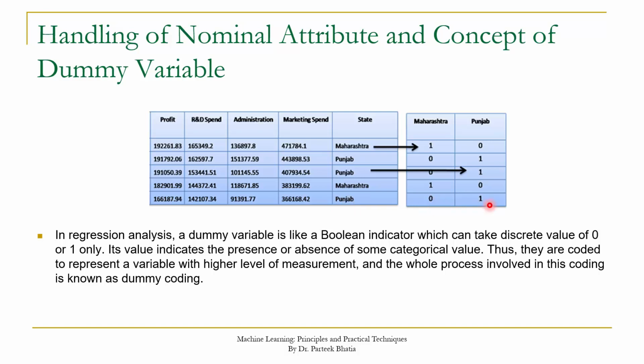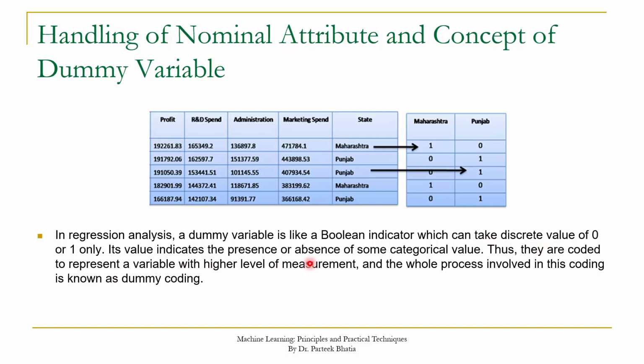These Boolean indicators, or you can simply say these columns which we have created for unique values of state, are called dummy attributes or dummy variables. Because these columns are not in the data set, we have created them for simplification of our model or for building our model. So in regression analysis, a dummy variable is like a Boolean indicator which can take discrete values of 0 and 1 only.